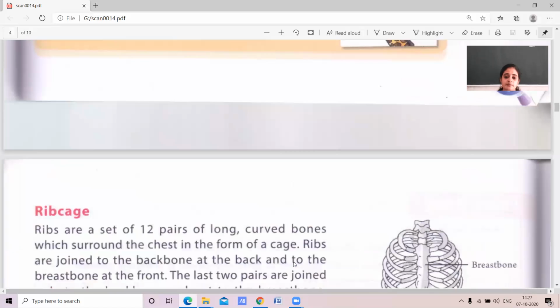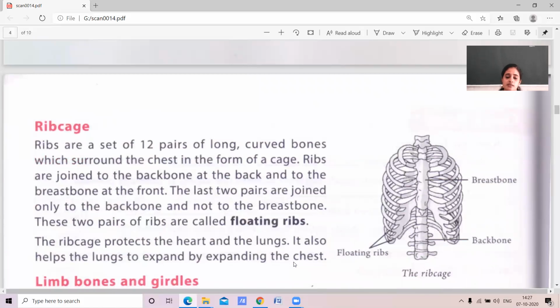Okay, now children, the next is the rib cage. Yes, you know the rib cage. The rib cage consists of 12 pairs of long curved bones. These ribs surround the chest in the form of a cage-like structure, so we gave the name rib cage.